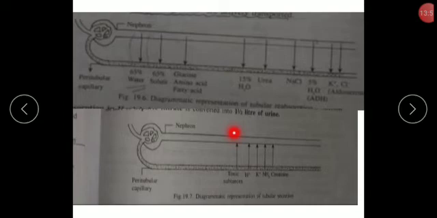So it takes place in the DCT as well as the CT. In the distal convoluted tubule, by active as well as passive transport, the substances which are not filtered and naturally not required by the body are secreted, like hydrogen ions, potassium, and minor nitrogenous wastes like ammonia, urea, uric acid, and also creatinine, and also PAHA.